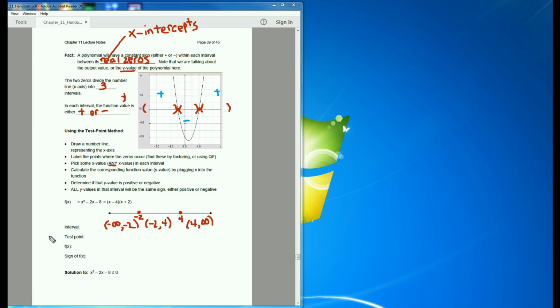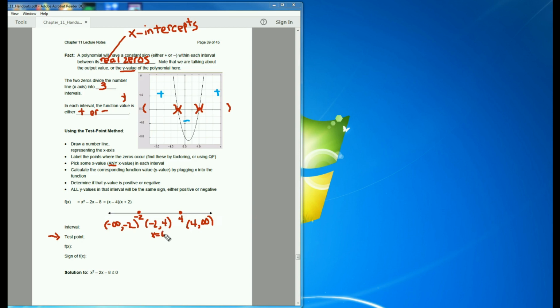Okay, so picking a test point. Now you don't pick the zeros. You want to pick a point within each interval, and within each interval just pick the easiest possible value. Obviously between -2 and 4, I'm going to pick x equals 0 because that's easy.